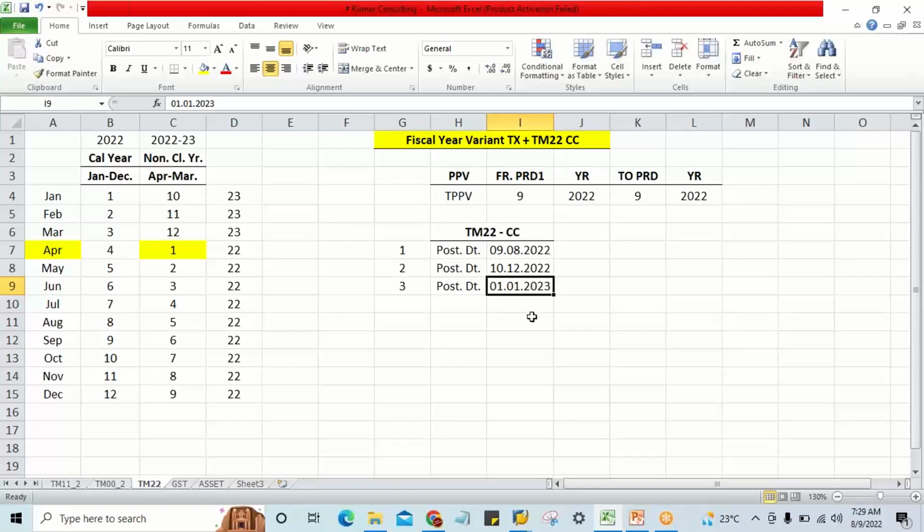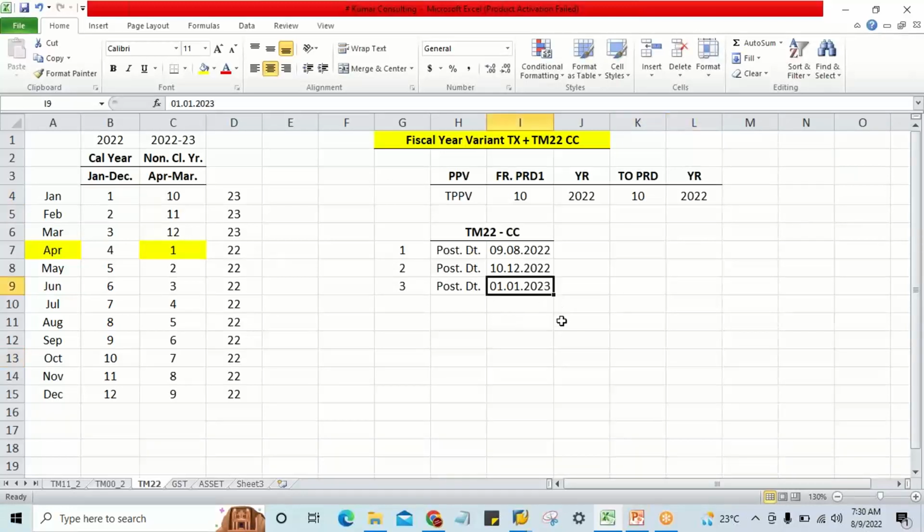So here is the challenge. What is the challenge, guys? 01. 01 means January. So January equals which period? January equals the 10th period, right? So the 10th period we are going to open. But now here is the problem. Here SAP is confused.